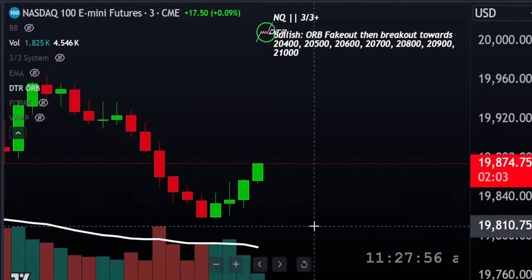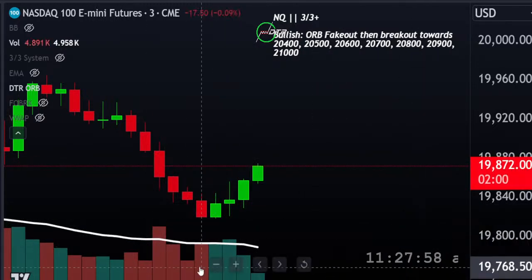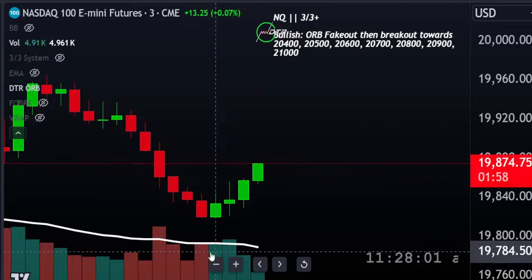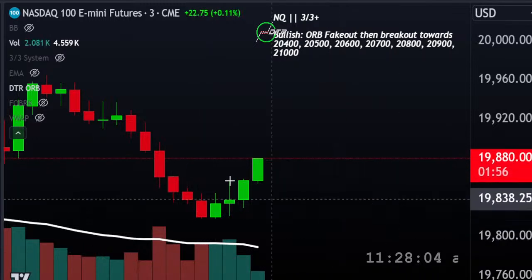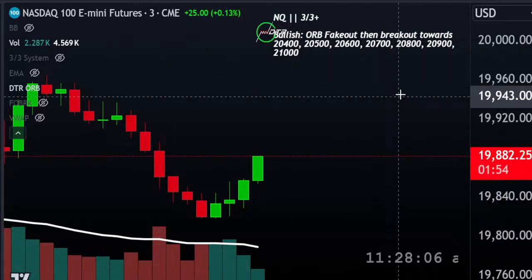I mean, this is a little bit interesting, but it's like an accumulation of 3 candles versus a pure confirmation.